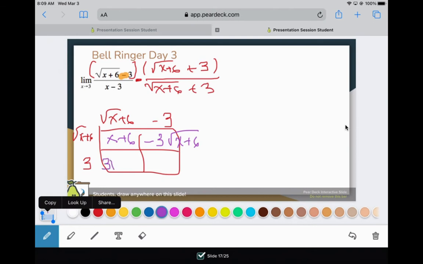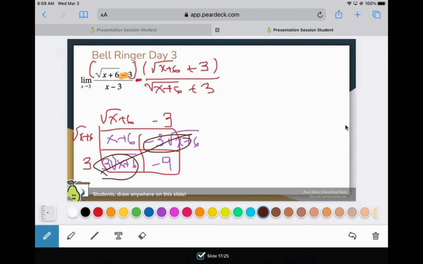This one is going to be positive square root of x plus 6. And then this box right here, 3 times negative 3 gives you negative 9. So when you do this, if you do it correctly, you see how this one is positive 3 and this one is negative 3? It's the same thing, but one positive, one negative, they're going to cancel out. So what you end up with is x plus 6 minus 9.